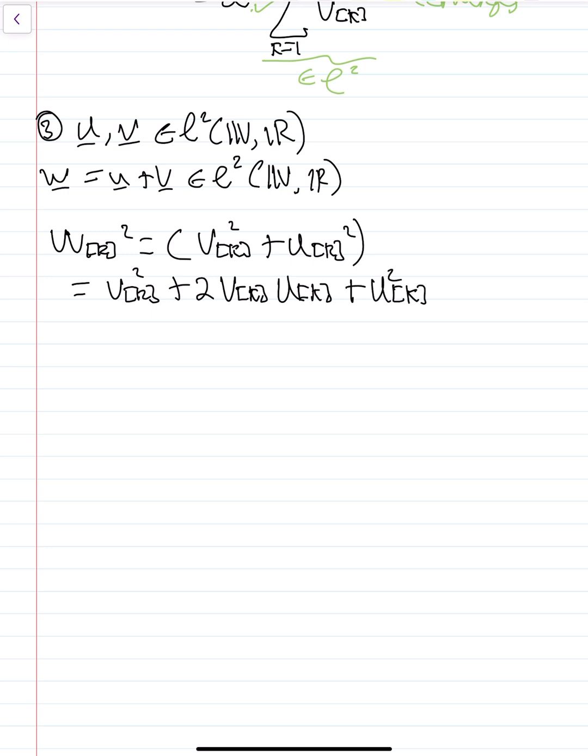Now I can rewrite this as the following: 2 times vk squared plus uk squared. Sorry, I've mixed my u's and v's around, but it still means the same thing. It doesn't matter which way I'm writing it.